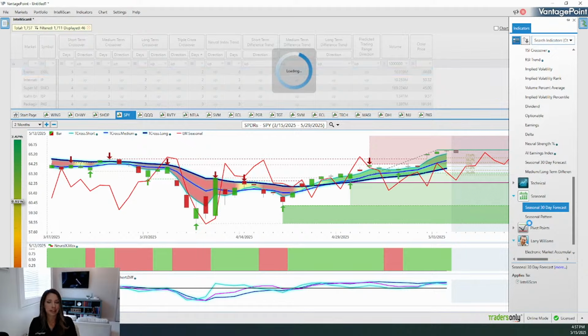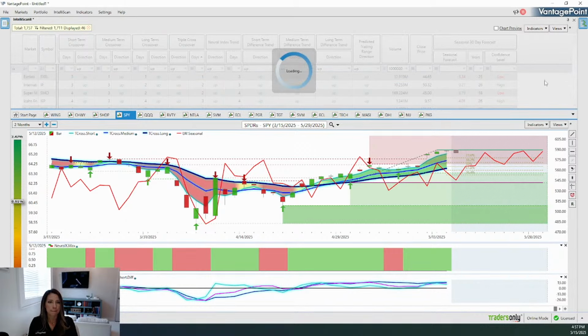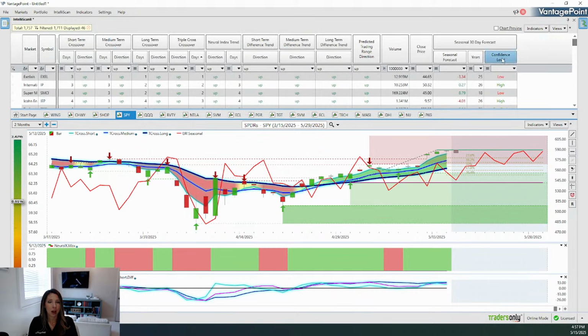So if we take that seasonal forecast and put that right into our chart here, now not only do we have the expected percentage move over the next 30 days. Now, this can be adjusted, of course, depending upon your trade style, but for a swing style, maybe looking at about 30 days here. So we're looking 30 days out to see what is the seasonal expectation here for these assets.